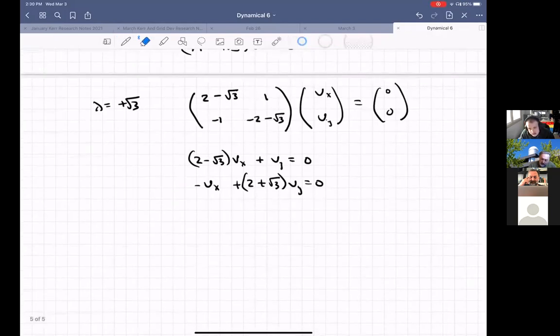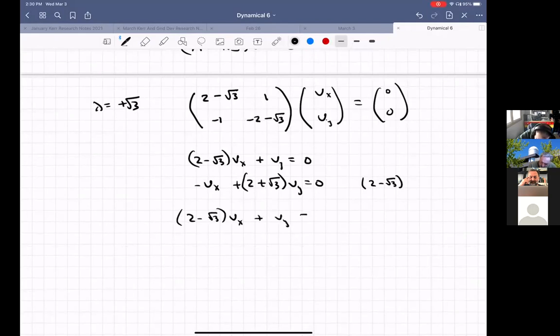So let's suppose I'm going to take the second line and multiply everything in the second line by 2 minus root 3. So my first line is 2 minus root 3 times Vx plus Vy is equal to 0. My second line would become minus 2 minus root 3 Vx plus 2 plus root 3 times 2 minus root 3 times Vy is equal to 0.